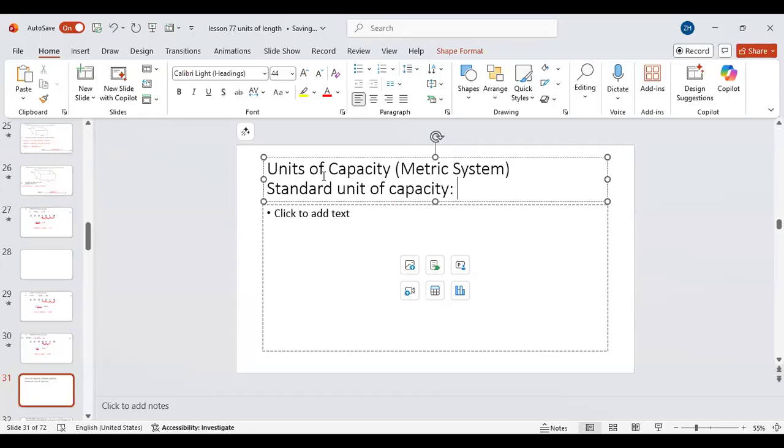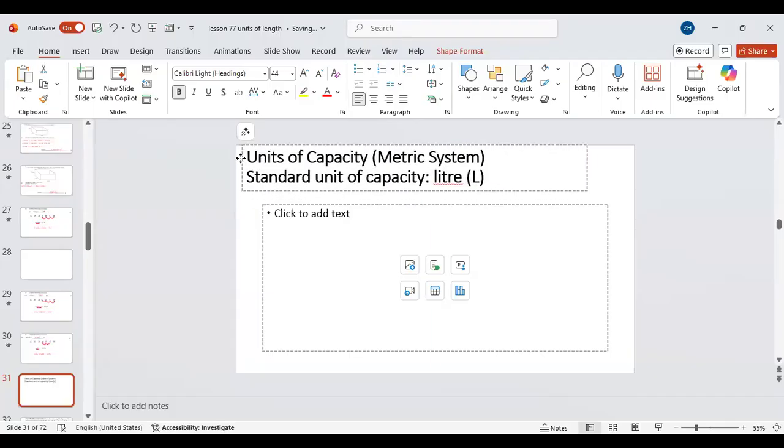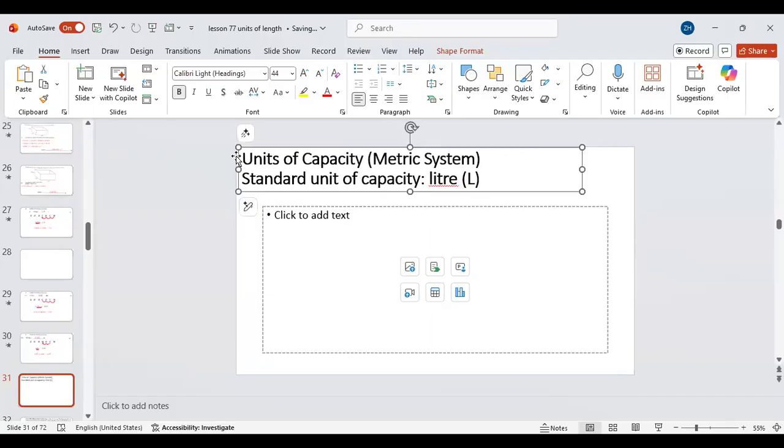So units of capacity. So capacity is how much can a container hold, right? So the standard unit of capacity is liters, right? So we have grams for mass, we have meters for length, we have liters for capacity.